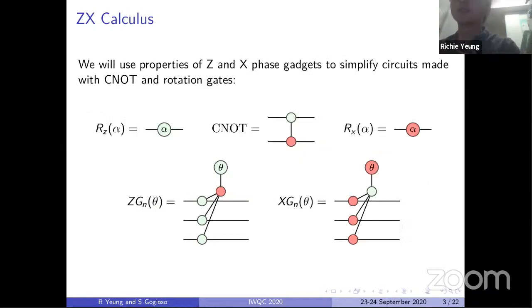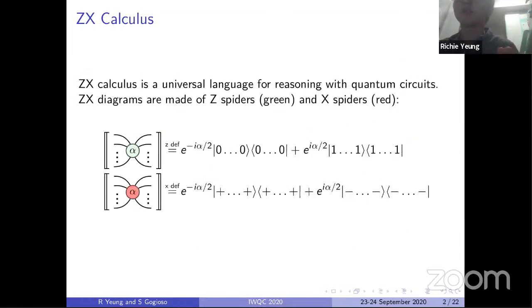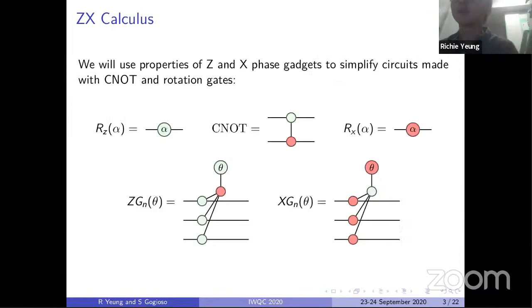So using these spiders, we can construct commonly used quantum gates. In particular, we have the Z rotation gate, the X rotation gate, and the CNOT gate here. The CNOT gate actually doesn't have a phase on it. That is because the CNOT has phase 0, so we just omit it because we don't need to write it down.